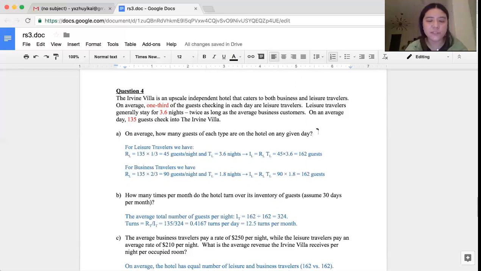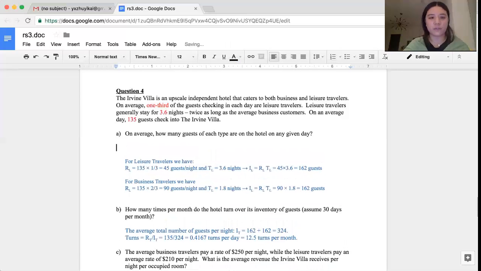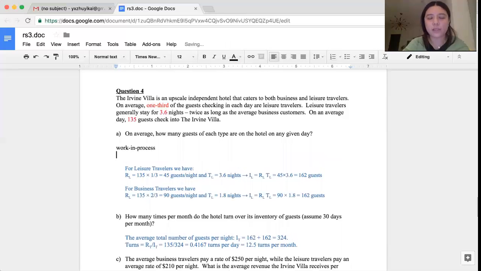So if we think of the hotel as a process in manufacturing, on any given day, how many guests of each type are in the hotel? So it is asking for the work in process, right? And how can we calculate the work in process?